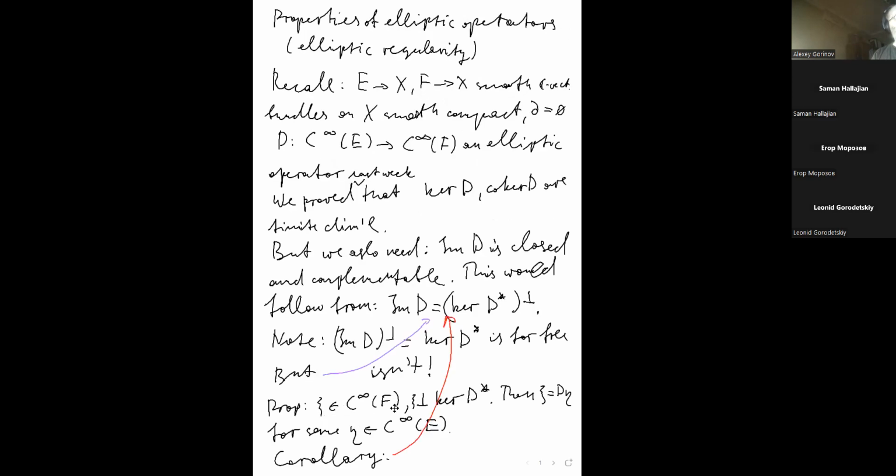Suppose I have a smooth section of F, which is orthogonal to the kernel of the adjoint operator, which we know exists, and we proved this quite early in September or October. Then this section is T of eta, where eta is a smooth section of E.